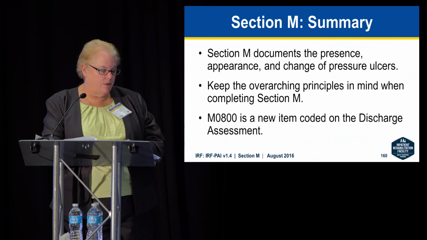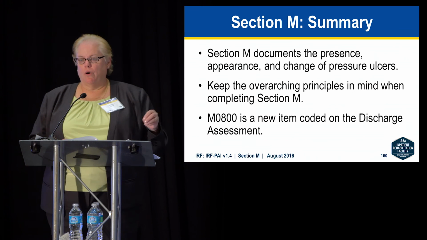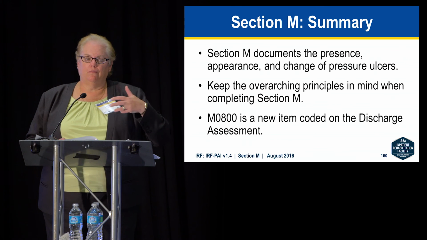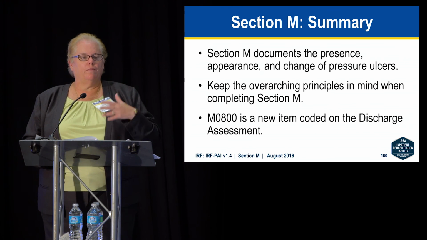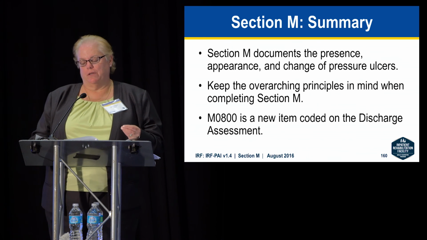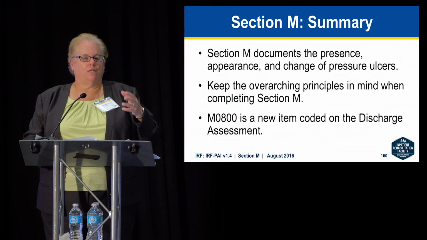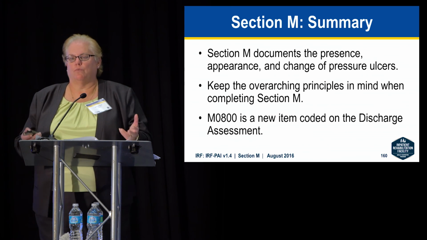M0800 is a new item coded on the discharge assessment, so you want to go through these similar scenarios with your staff, because we want to make sure we are getting accurate information on our assessments. You don't want to say something's worsening when in fact it wasn't, because you're not understanding the rules of the game.